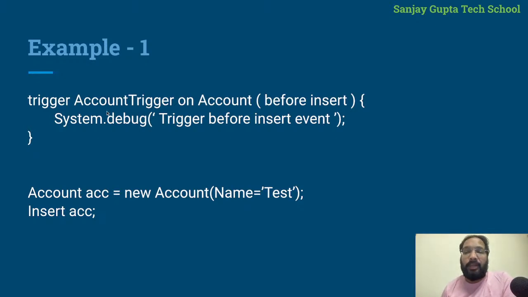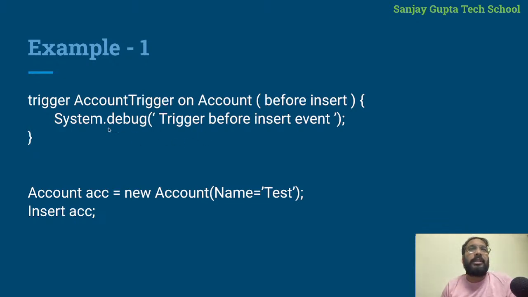On Case, CaseTrigger. On the Position object, our custom object in the project, PositionTrigger. First write the object name, and then append the word Trigger.